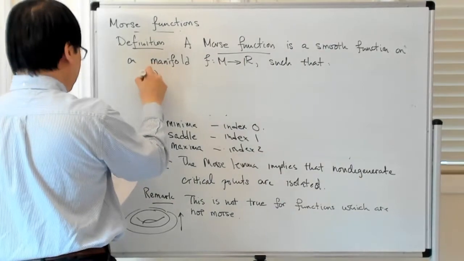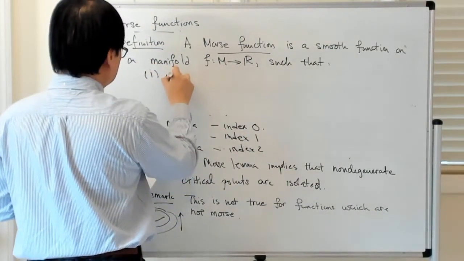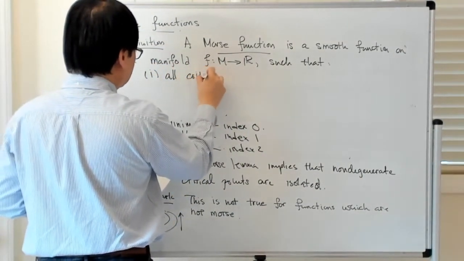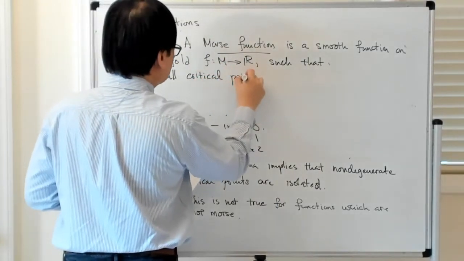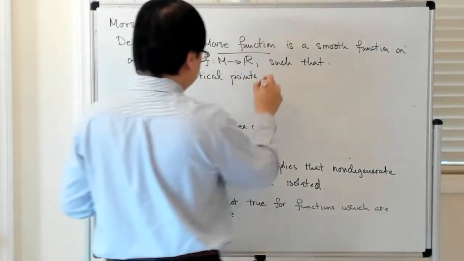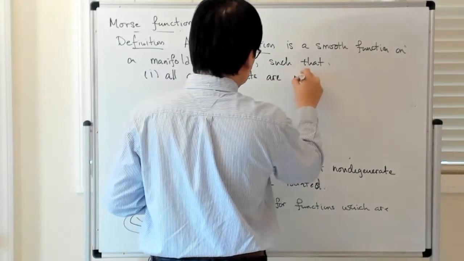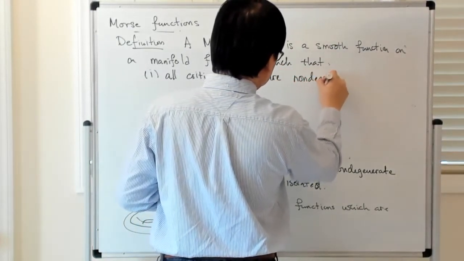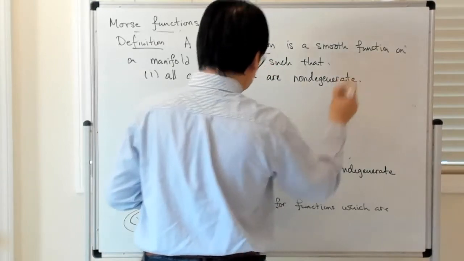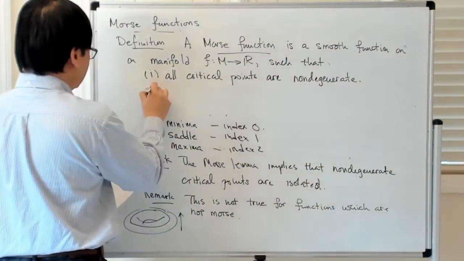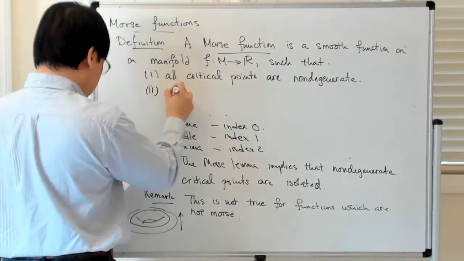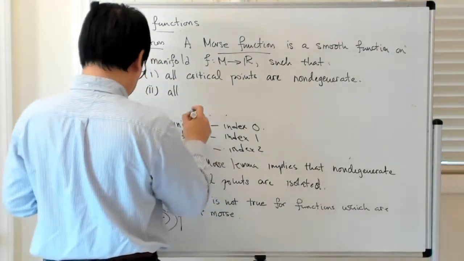The first thing is that all critical points are non-degenerate. And the second thing is that all critical points have distinct function values.